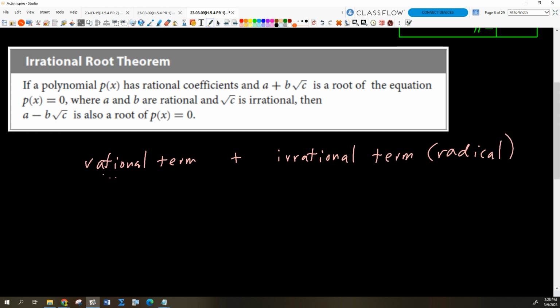Then that has to come in a pair where we get the same thing, where the second term, the irrational term, is negative. Always comes like that.